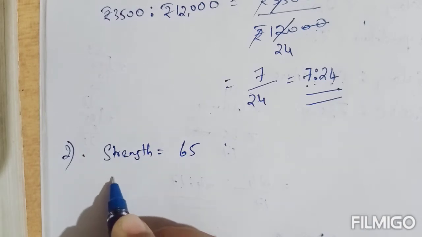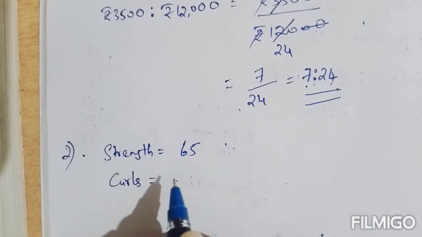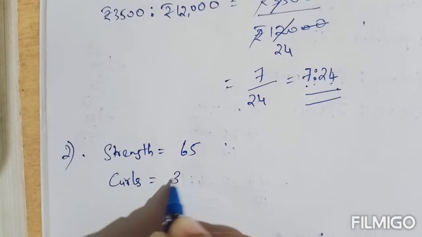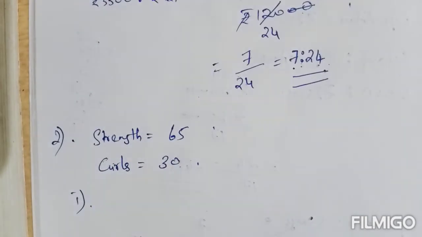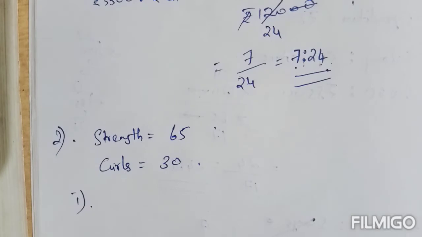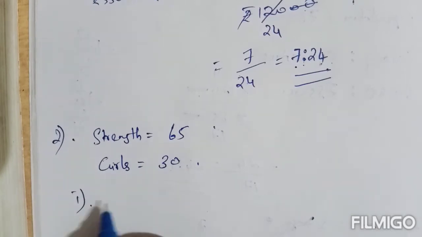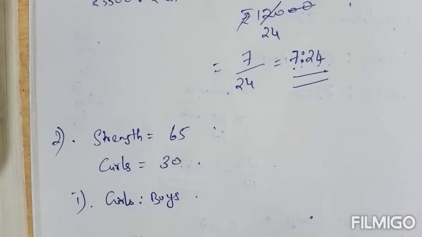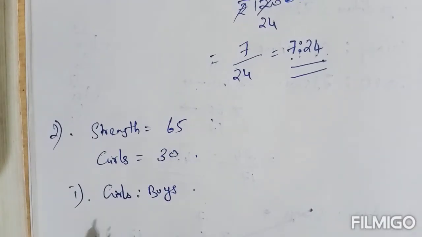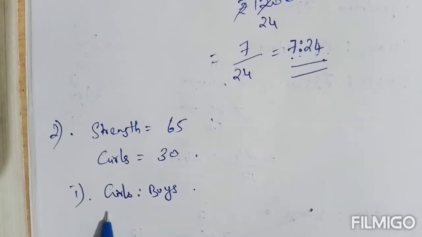So the number of girls in that class is 30. The first question is to find the ratio of the number of girls to boys. That is, the ratio of number of girls to number of boys.